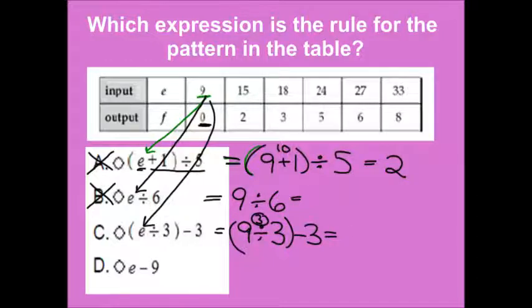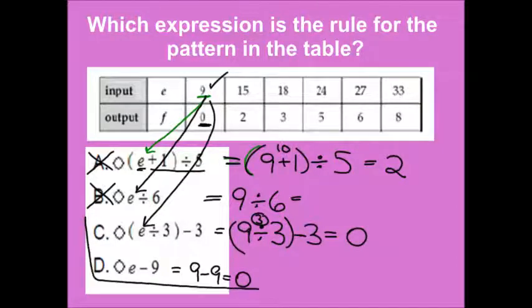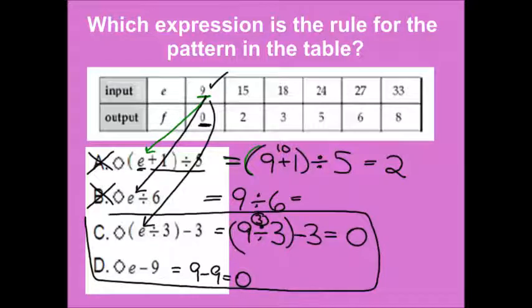If I take away 3, I get 0. So this looks like it might be the one, but let's test out the next one just to be sure. When I plug 9 into the last equation, I get 9 minus 9, which also equals 0. That's why it's very important to test more than one, because now I have 2 that might be correct. So I must test one more.